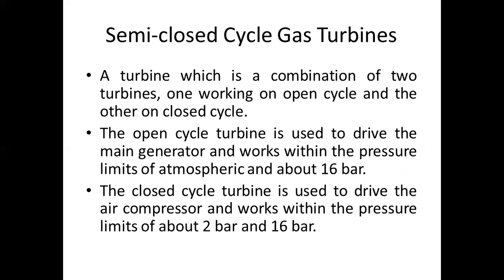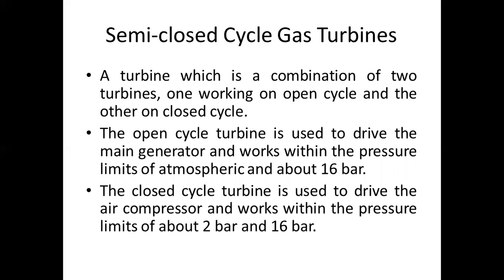Semi-closed cycle gas turbine. As the name indicates, it is a turbine which is a combination of two turbines, one working on open cycle and the other on closed cycle. The open cycle turbine is used to drive the main generator and works within the pressure limits of atmospheric and above 16 bar.